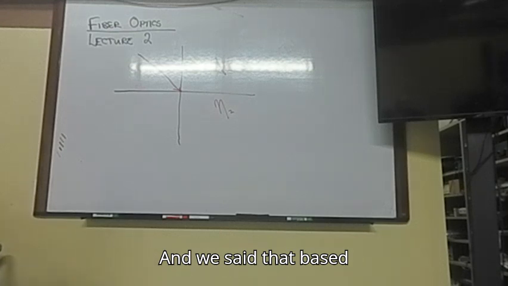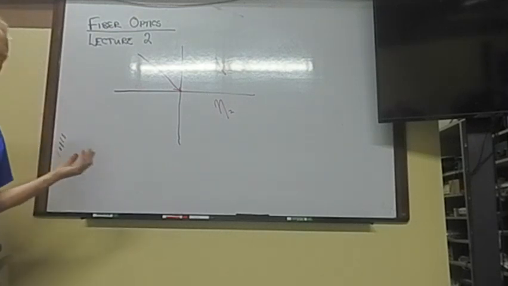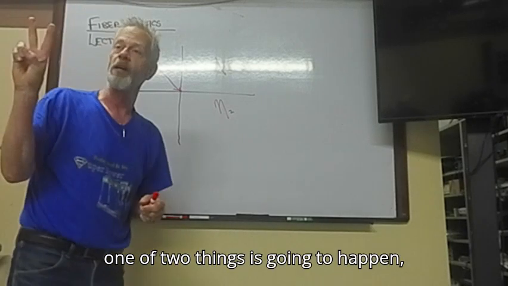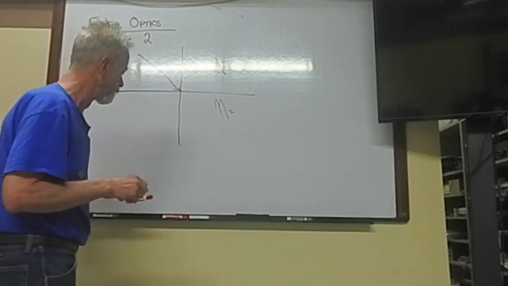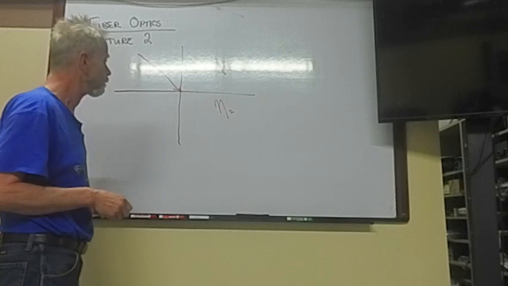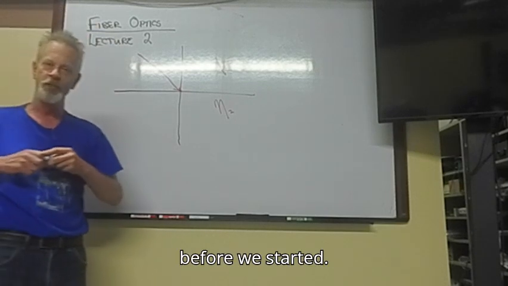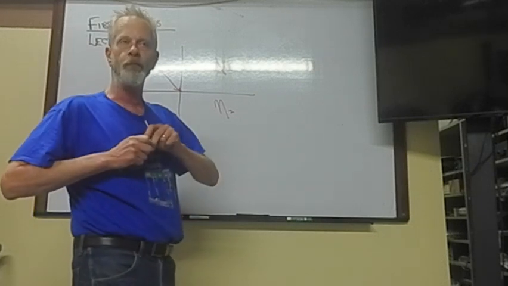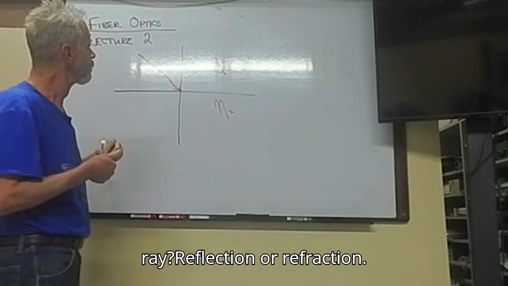And we said that based on what we understand, one of two things is going to happen, right? What were those two things? Somebody mentioned it before we started. What two things can happen to that light ray? Reflection or refraction?